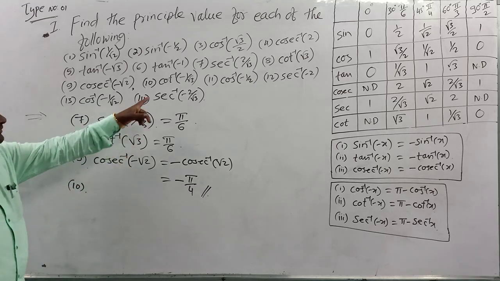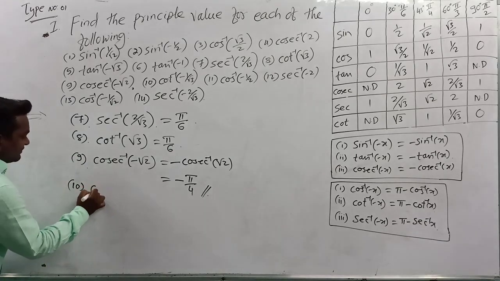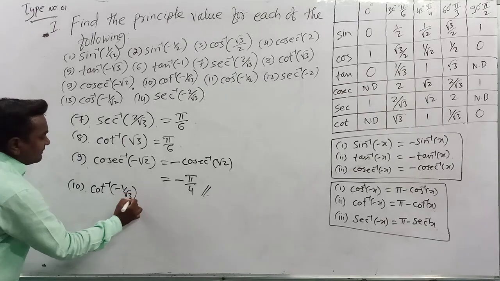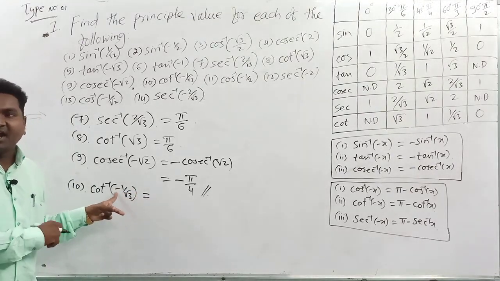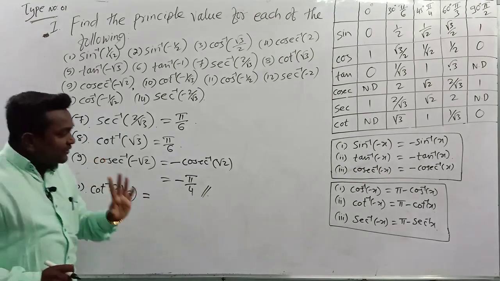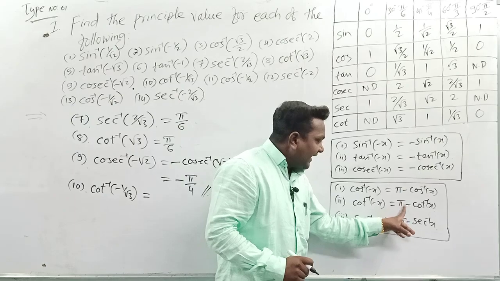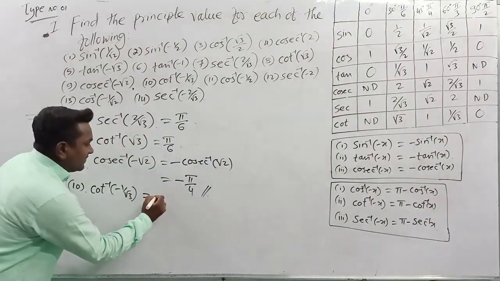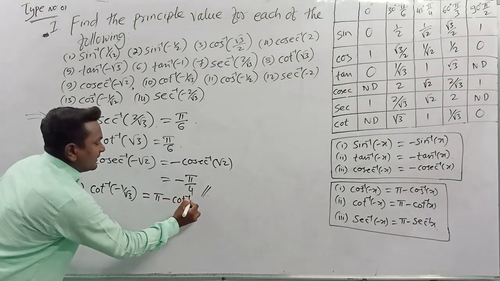10th, cot inverse minus 1 by root 3 is there. Now here a negative sign is there, we have to omit this negative sign. By using its property, cot inverse minus x equal to pi minus cot inverse x.